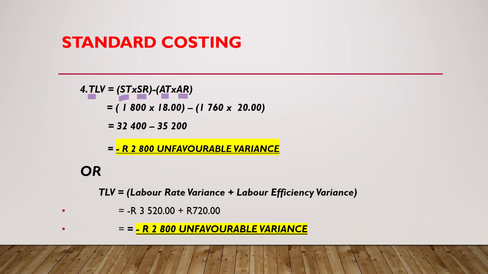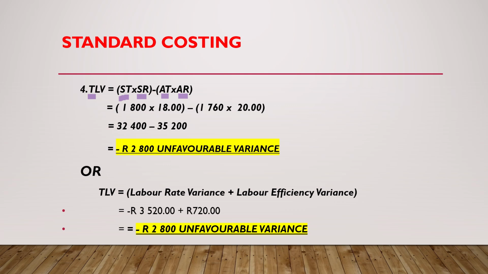So you do the calculations. You can see whether we're going to have a favorable or unfavorable variance. This is actual, this is standard. Actual is greater than standard, meaning we are going to have an unfavorable variance of 32,400 minus 35,200, which is 2,800 rand unfavorable variance.